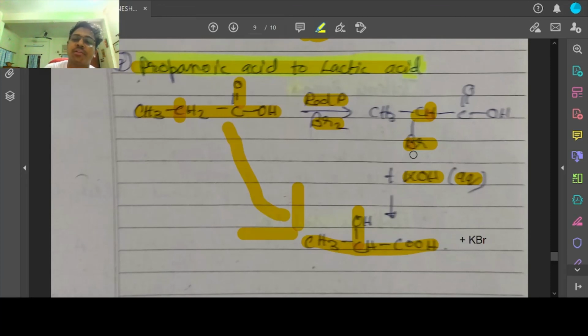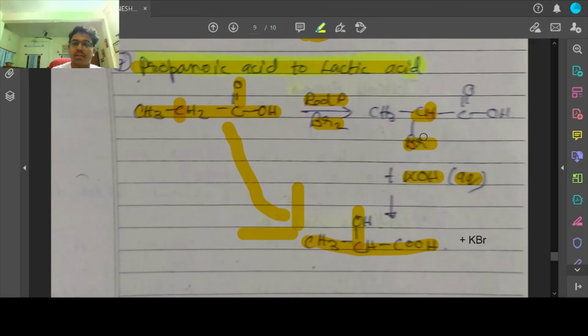After you practice these conversions a lot, you'll understand the rhythm of these things, and you can predict the next step yourself. Knowing the formula of lactic acid, you know this bromine group should be replaced with an OH group.